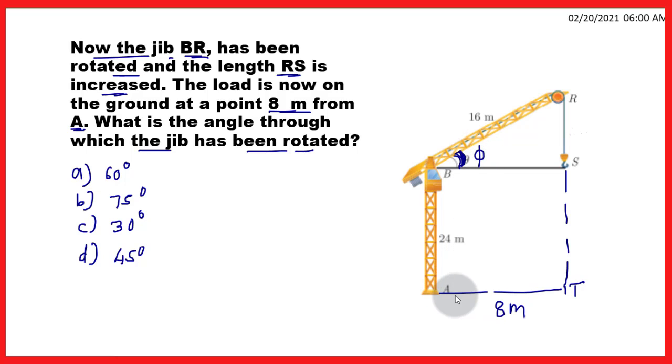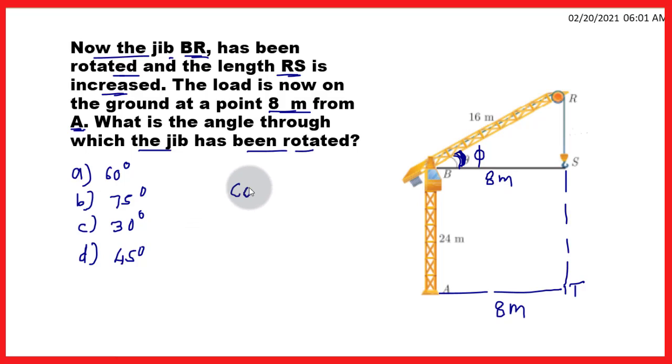We know that this is 8 meters, and therefore this BS will also be 8 meters. And therefore in this triangle BRS, we know that this is the adjacent side and this is the hypotenuse.